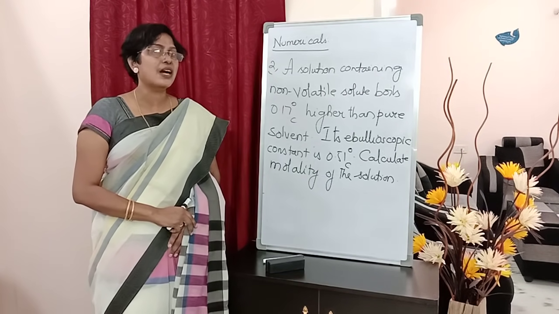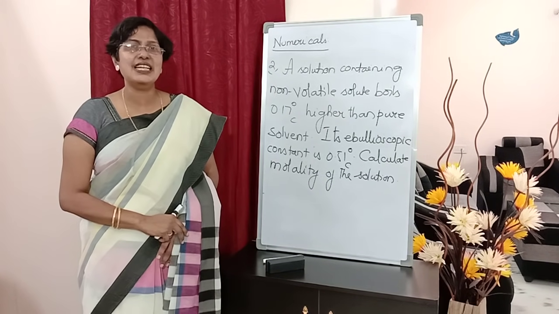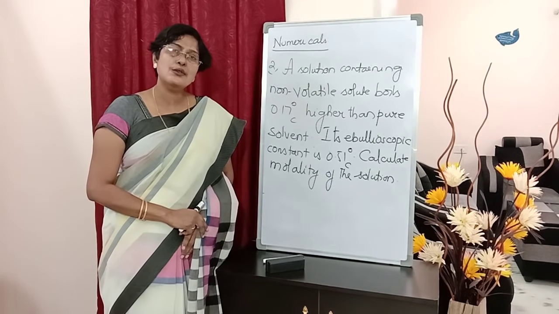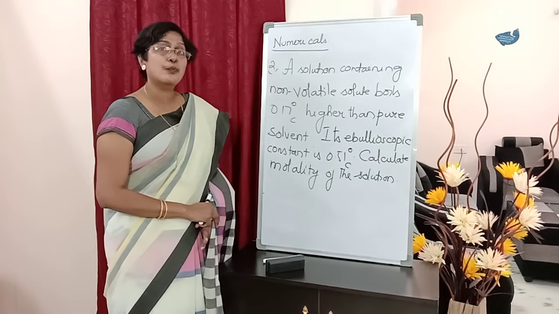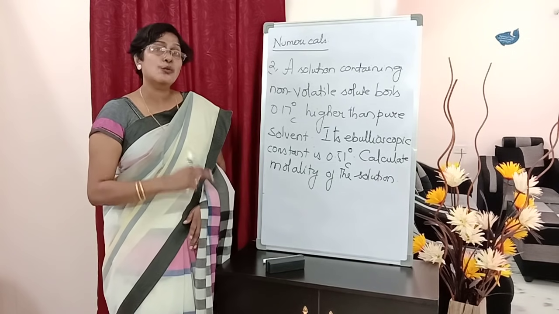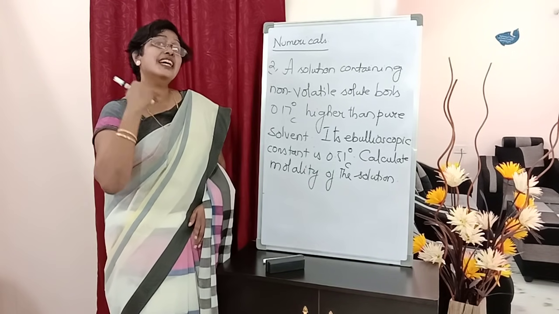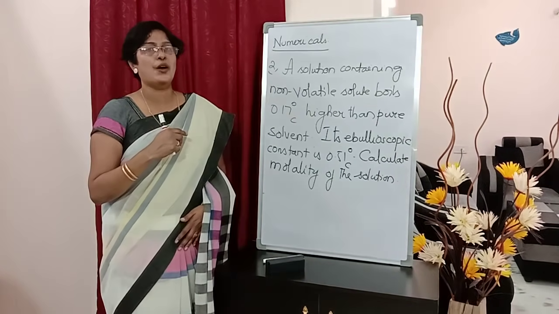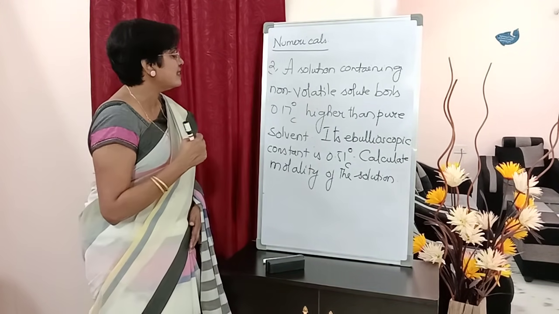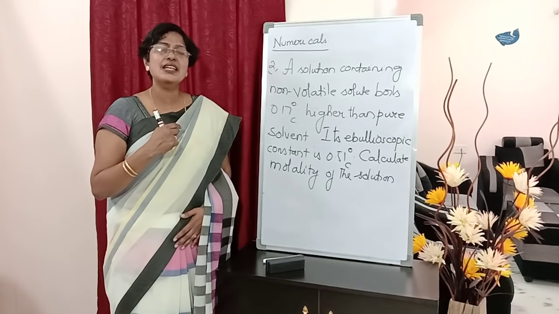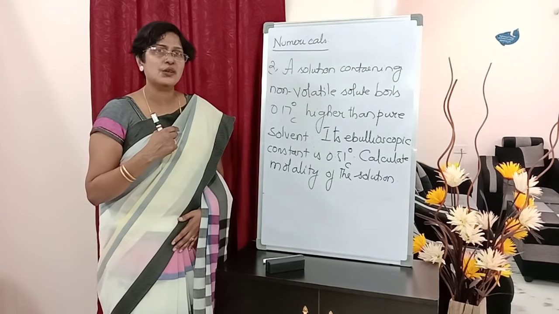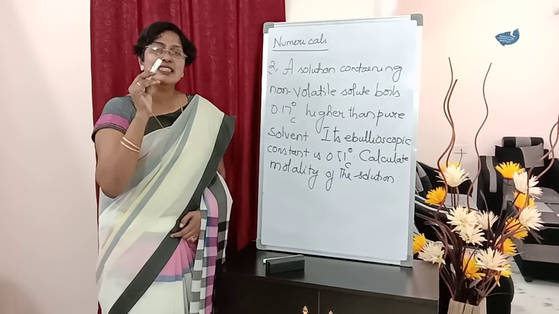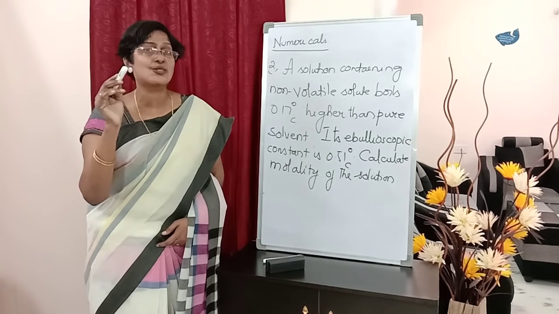Try to understand the meaning of the sentence. That is elevation in boiling point. How much is the elevation, students? 0.17 degrees centigrade. So, this is denoted as delta Tb value, students.